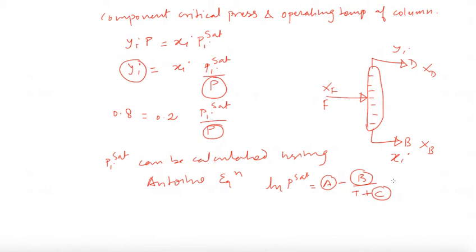We have it even in Perry for pure components. And T is the temperature. So whatever temperature you take, you will get the P set of that component.